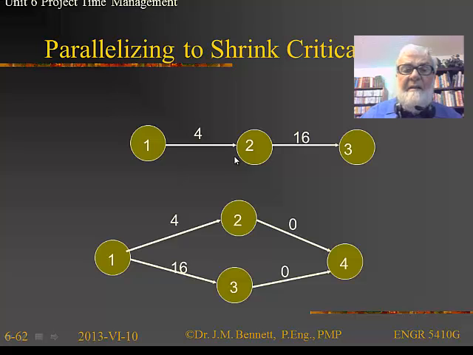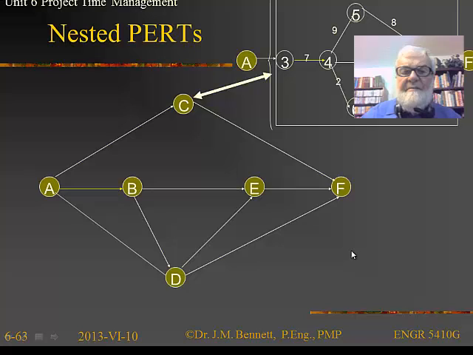In parallelizing to shrink critical paths, here's an example where we're going to do 2 and 3 in parallel together, and this assumes we've got the resources to do this, and now we can actually get all those done. In a PERT diagram, we can also nest these things. In fact, with a complicated PERT diagram, which literally may have thousands of nodes, you can't look at 1,000 nodes at a time.